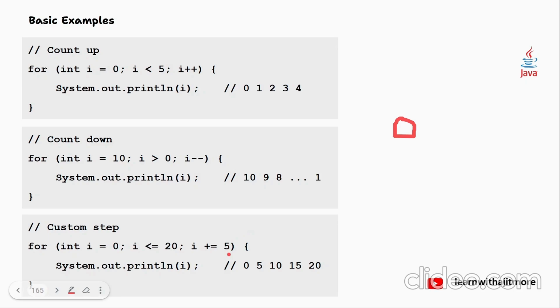So i and 5 are added and the result is again stored in i. Previously i is 0, 0 plus 5 is 5 and stored again in i. i becomes 5. Again it tests, is 5 less than or equal to 20? Yes, come inside, print it. Again, old i is 5, 5 plus 5 is 10, store again. So now this becomes 10.